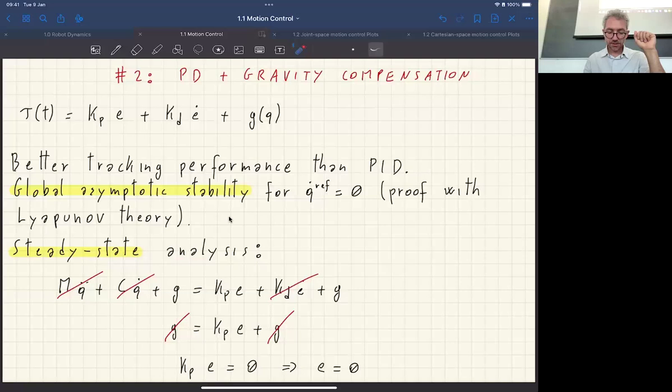If you're at steady state, then everything that depends on velocities and accelerations is 0, so you can remove these terms. Then you have gravity on both sides, so again the two terms cancel out, and you're left with Kp times the error equal to 0. Since Kp is positive definite by assumption, the only way this is possible is if the error is 0.